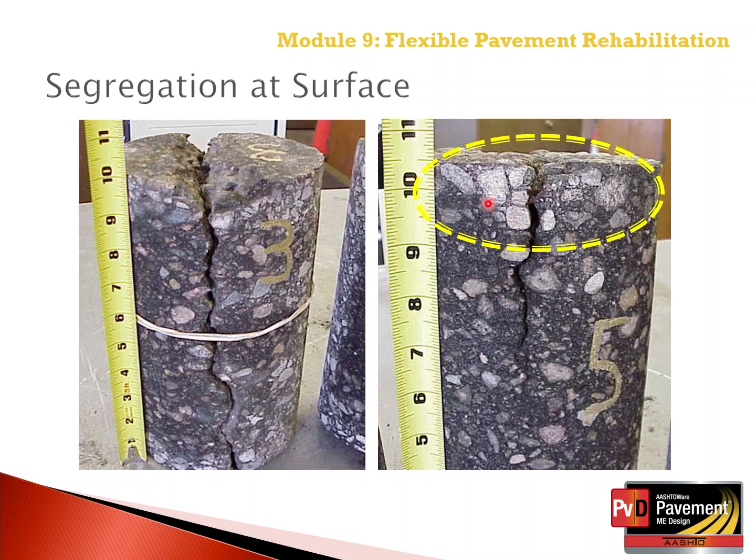So in other cores, as this course from longitudinal segregation is removed due to raveling and it being dislodged due to traffic, this crack would be rated as very severe.